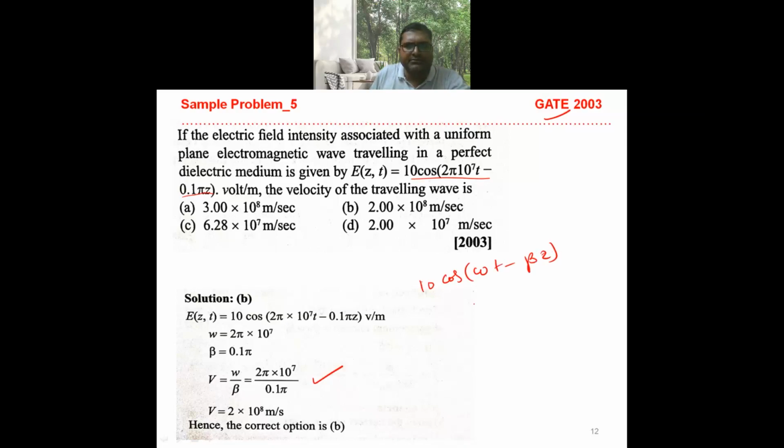From the general solution, you can retrieve the values of omega, 2 pi into 10 power 7, and beta z equal to 0.1 pi. Minus beta z implies the electromagnetic wave is traveling in positive z direction. To determine the phase velocity, you can substitute the values of omega and beta.